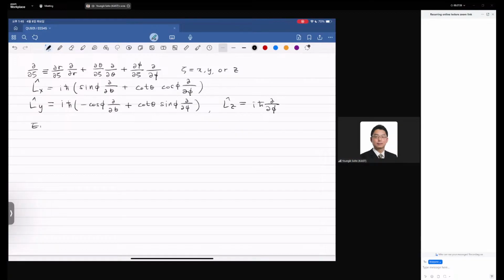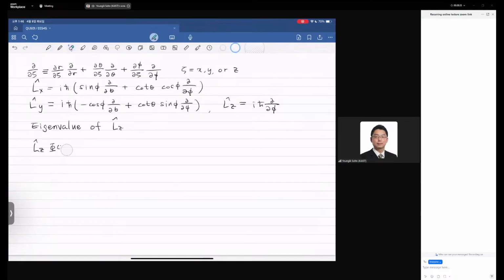So let's start with solving the eigenvalue problem of the Lz operator and see what we get. We are looking for a quantum state that has a definite angular momentum z component, an eigenstate. You apply this to some quantum state.